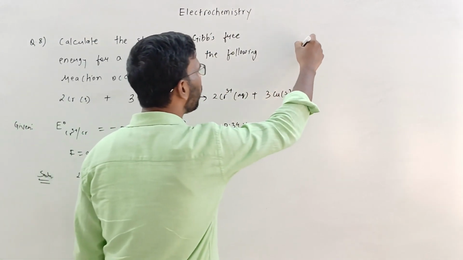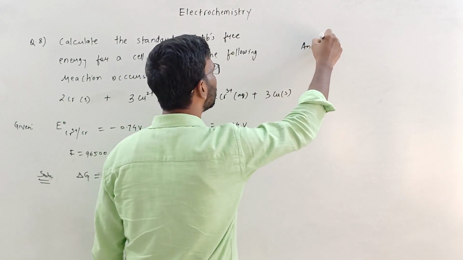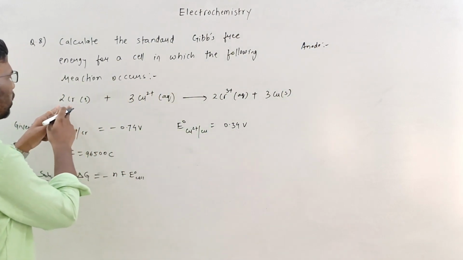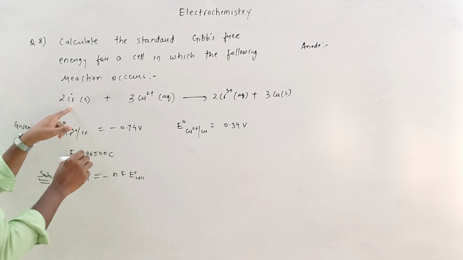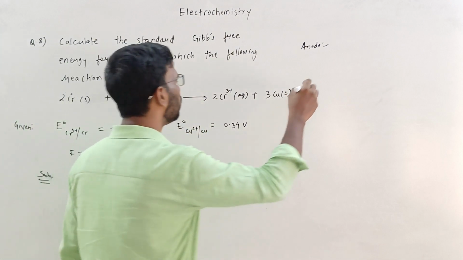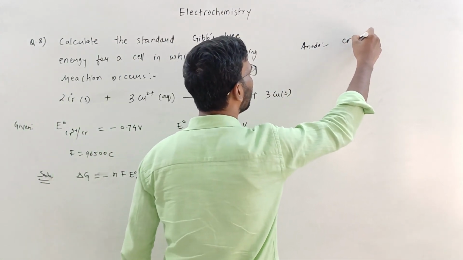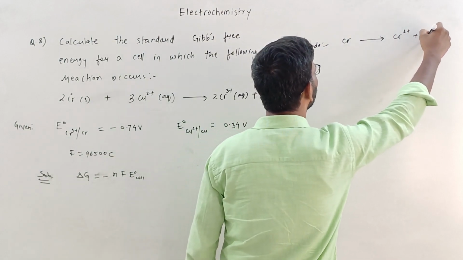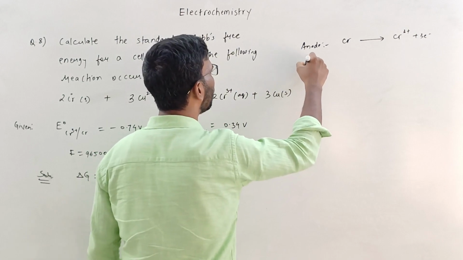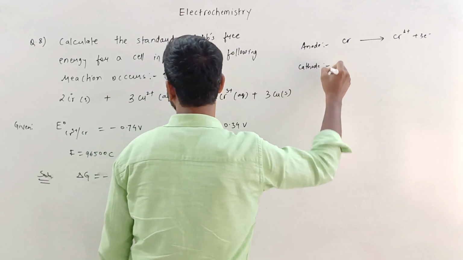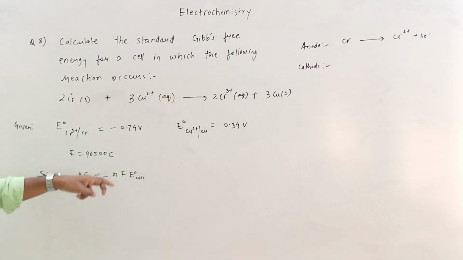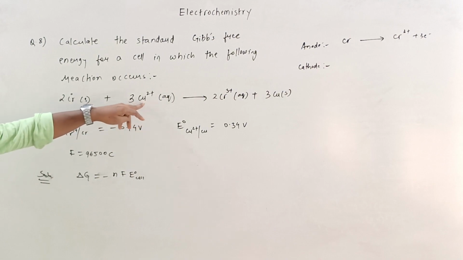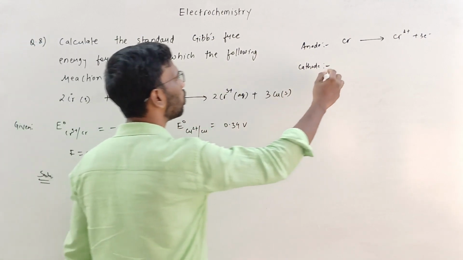So anode reaction, what is happening at the anode is oxidation. From this reaction, chromium is getting oxidized from 0 to +3, right? So I am writing chromium getting oxidized to Cr3+ and 3 electrons. And what is happening at the cathode? Cathode means reduction, no? So copper 2+ is getting converted to copper.